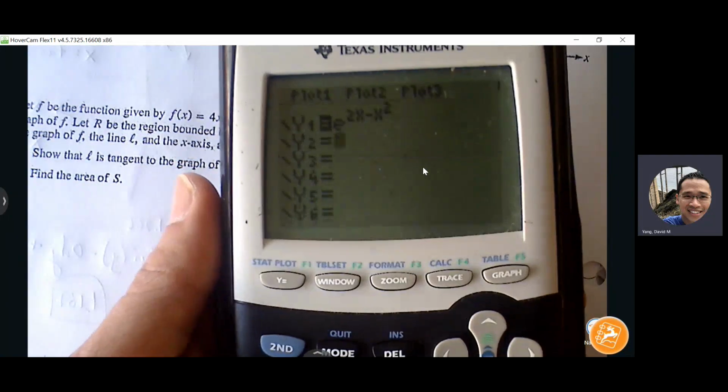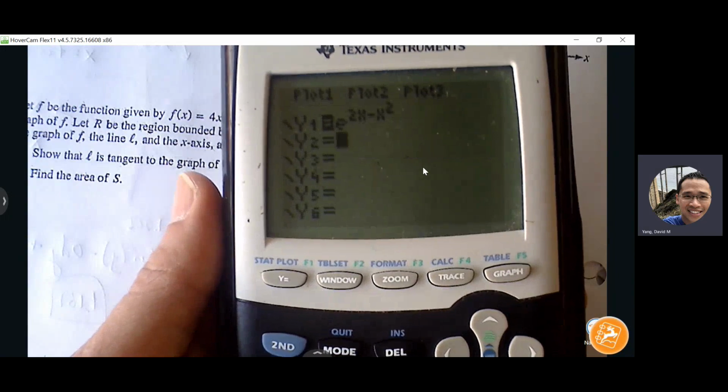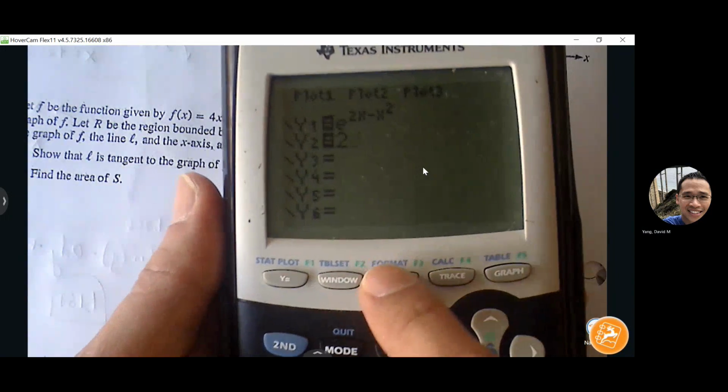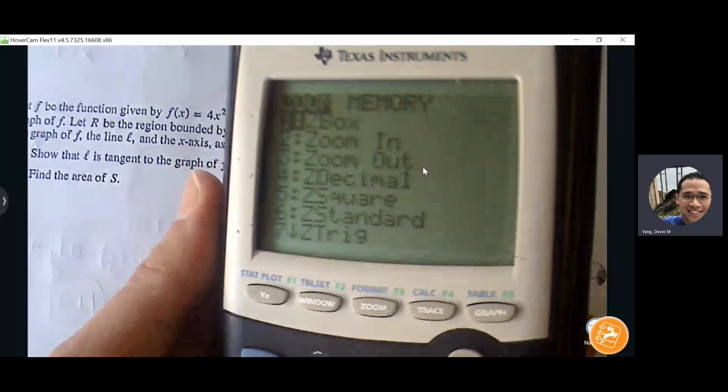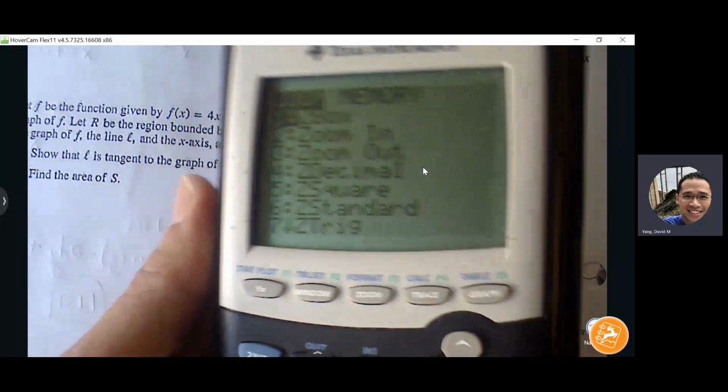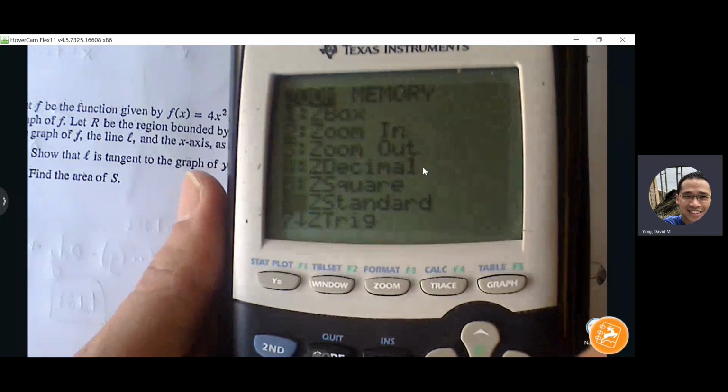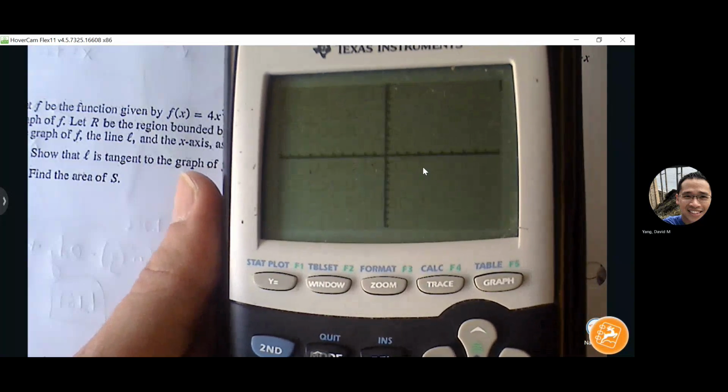Okay, and then under y2, I'm going to type in y equals 2. Again, I'm going to do zoom 6 just so I can get my standard window. But if it's not what I want to see, then I can always make the adjustment later. So zoom 6.